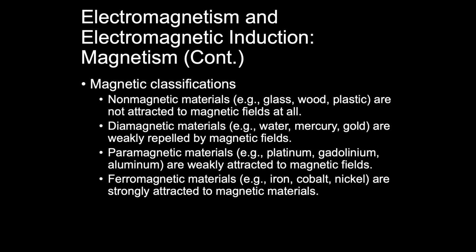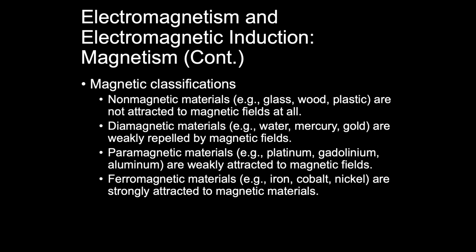Just as materials can be classified as conductors or insulators, they can also be classified by their magnetic properties. There are 4 categories. Non-magnetic materials, for example, glass, wood, plastic, are not attracted to magnetic fields at all. Diamagnetic materials, water, mercury, and gold, are weakly repelled by magnetic fields.